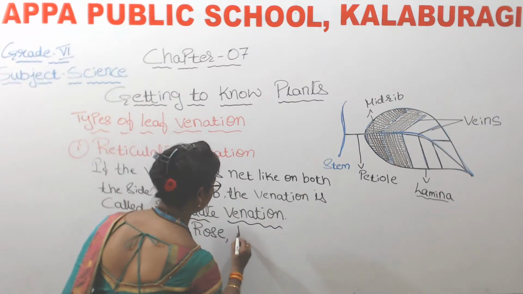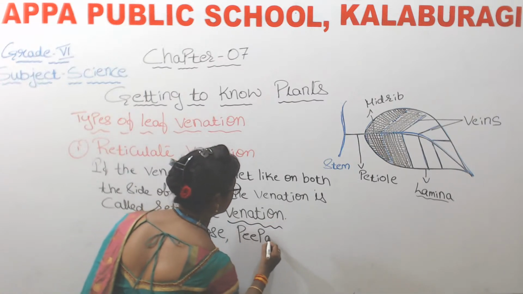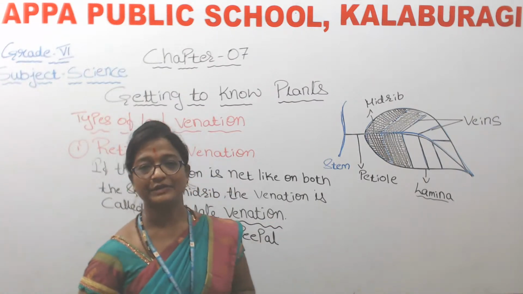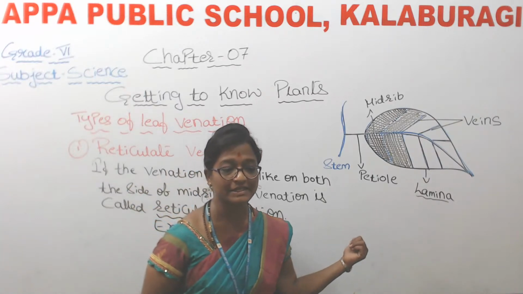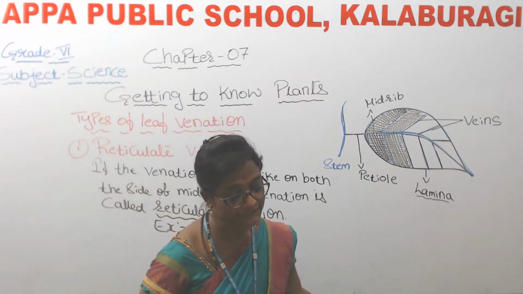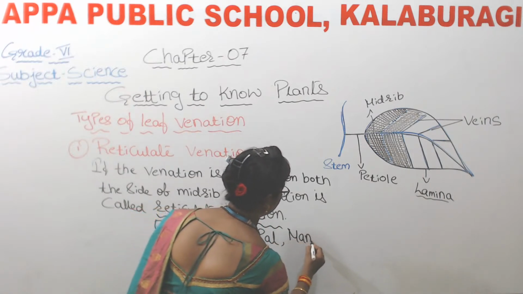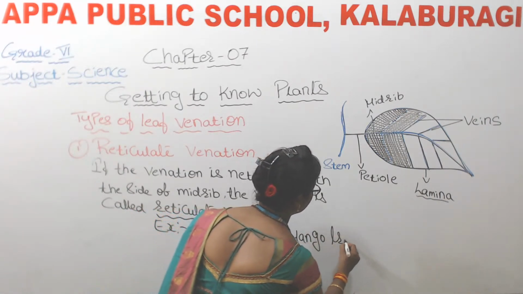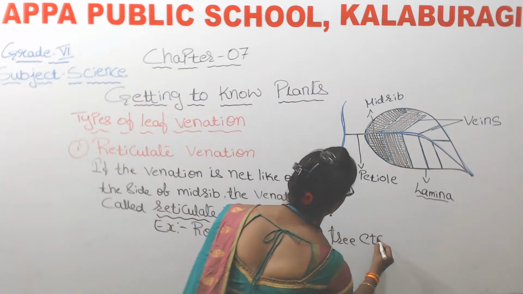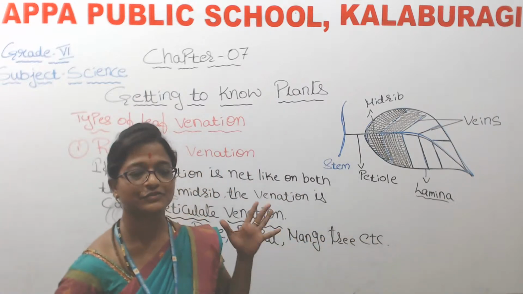Even on the peepal tree you can find the net-like structure on the leaves, and you can also see it in the mango tree, and so on.